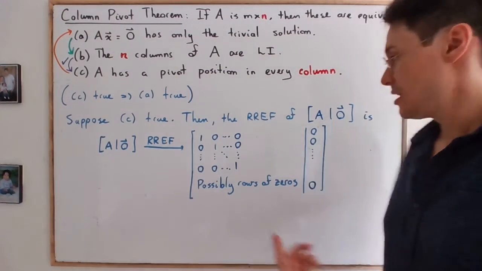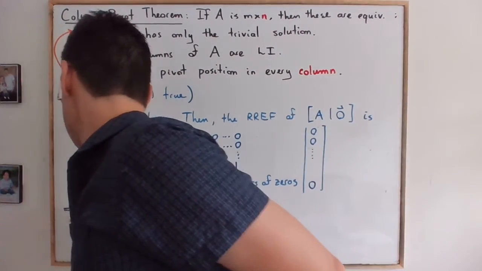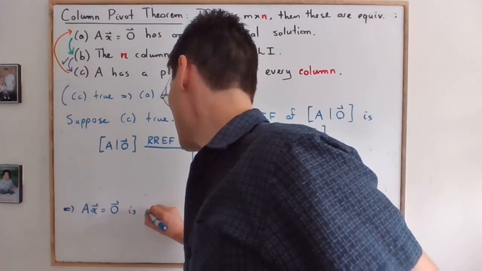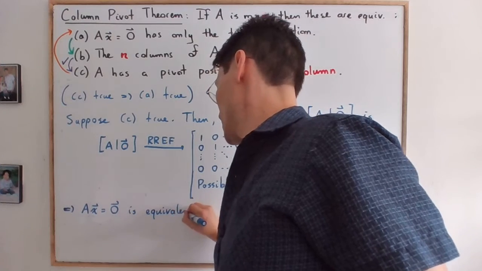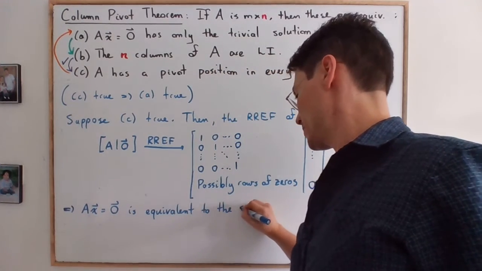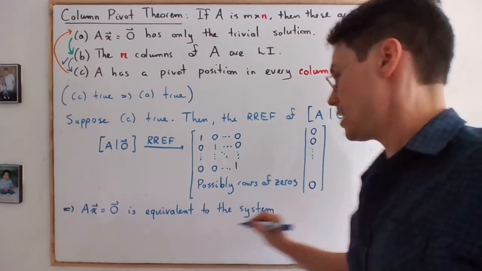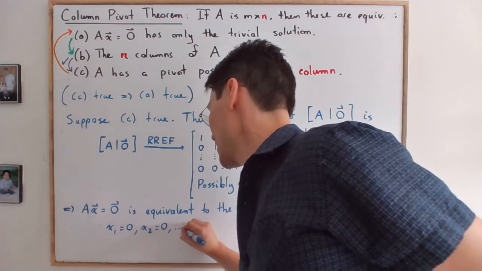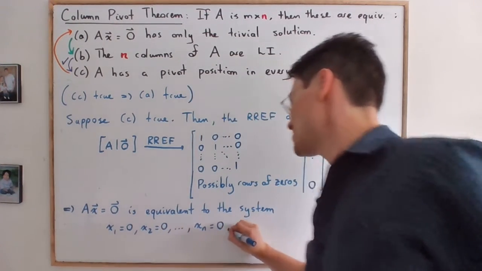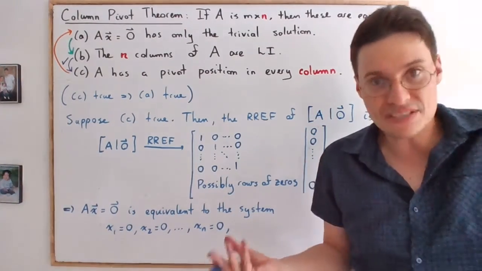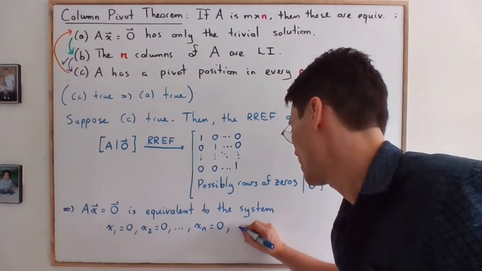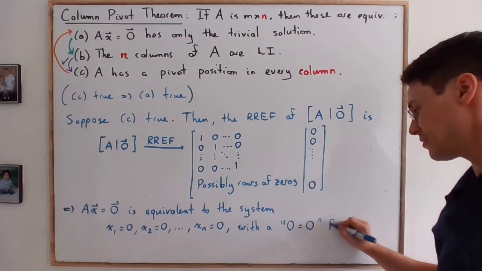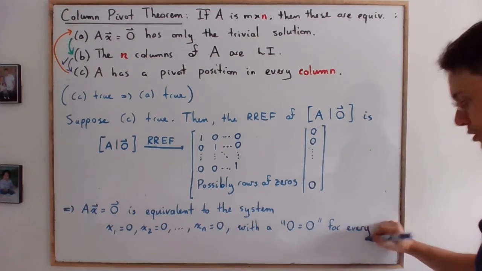So as a result, AX equal 0 is equivalent to the system x1 is equal to 0, x2 is equal to 0, all the way up to xn is equal to 0, with a 0 equals 0 for every row of 0.